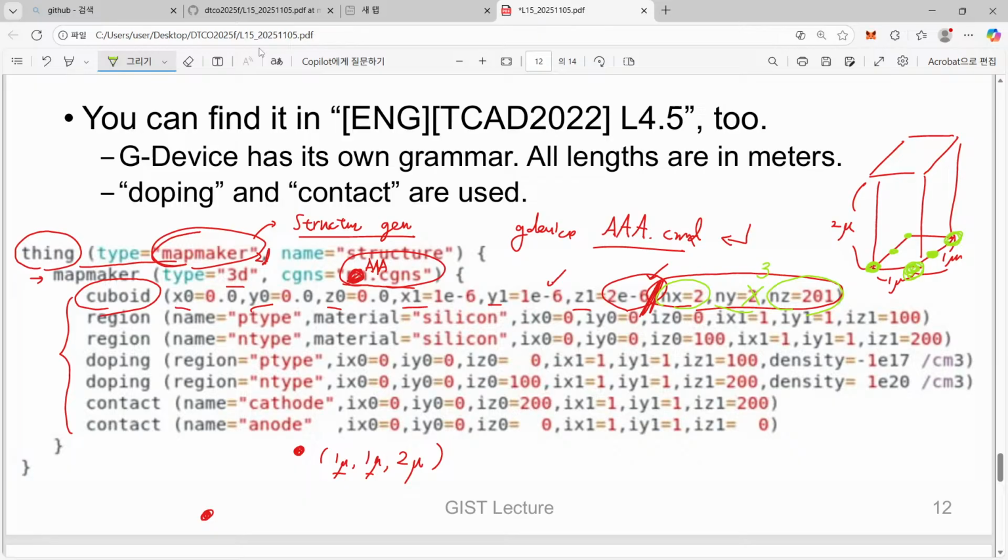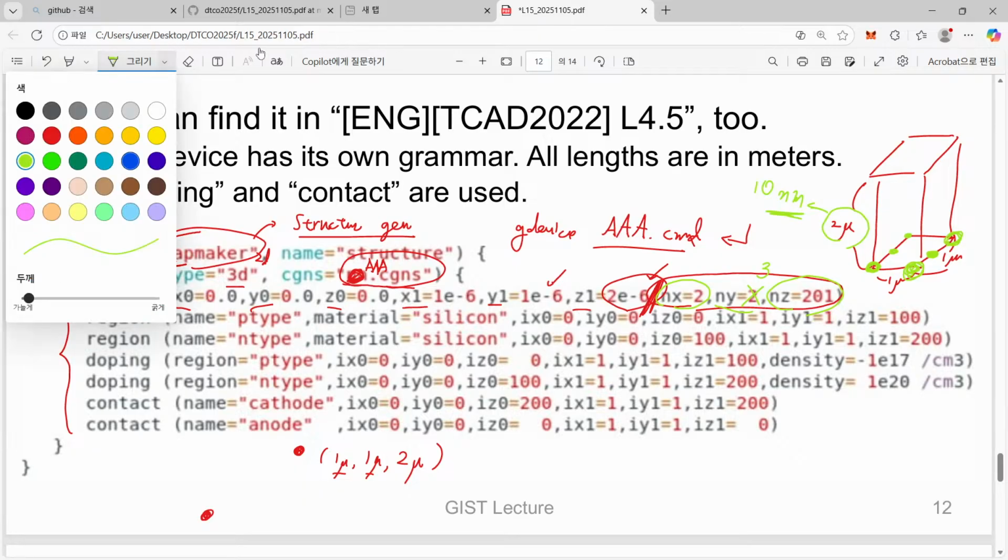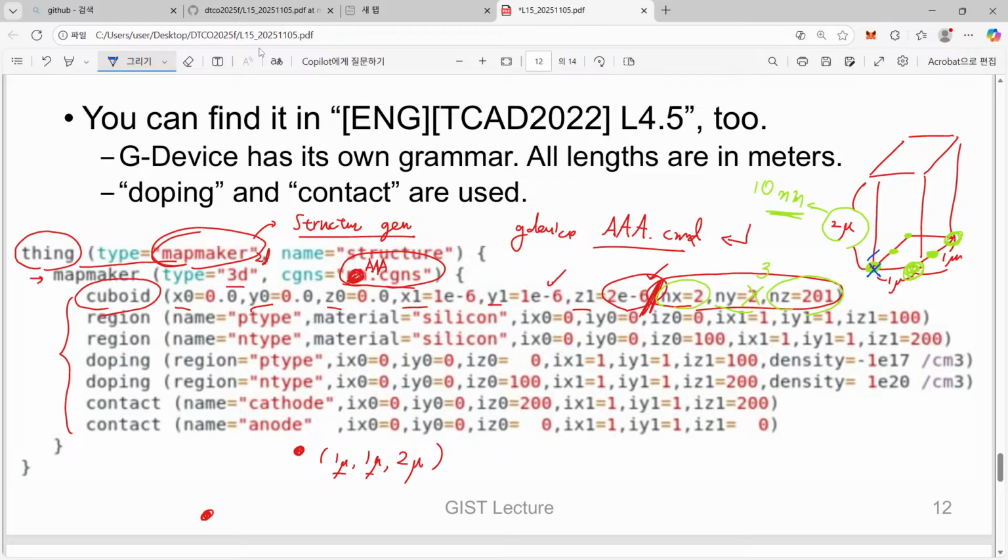nz equal to 201. Since this is 2 micrometer, it means that we have 10 nanometer spacing for neighboring points. So we have 1 point and 10, 20, 30, 40, and repeatedly up to 2 micrometer.